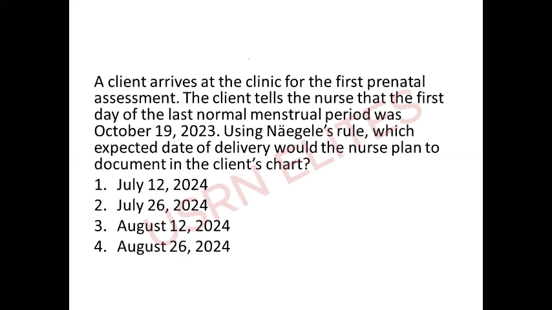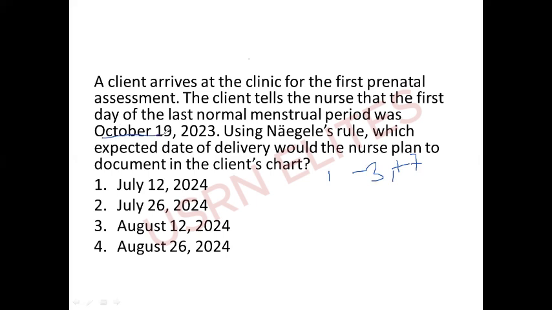How did you arrive at it? With me, I use the -3, +7, +1. -3 means you subtract 3 months from the month you've had.